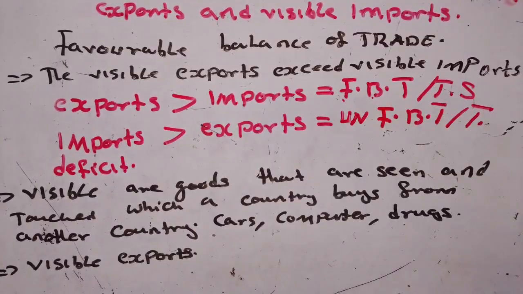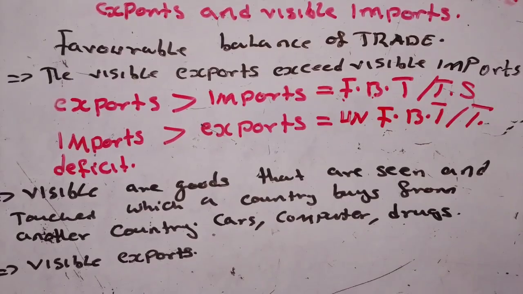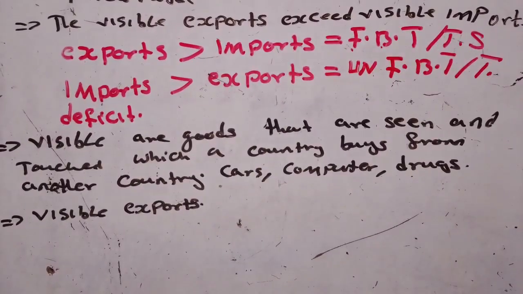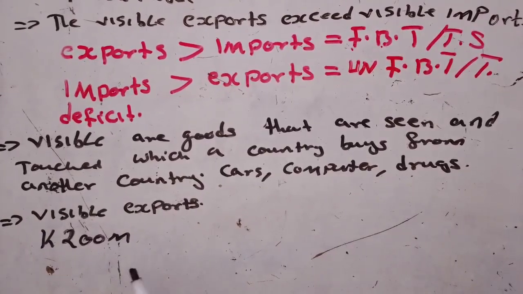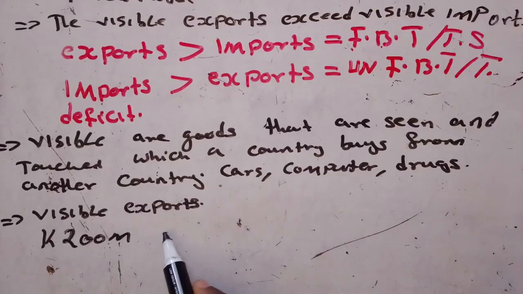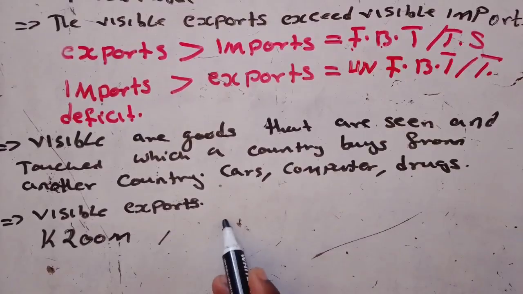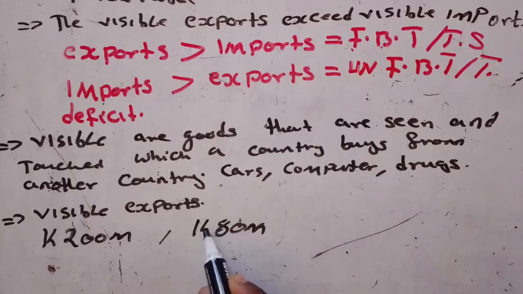So I'm going to give an example on this one. Let's say Zambia's visible exports cost 200 million kwacha, and the visible imports cost 80 million kwacha in the same year.